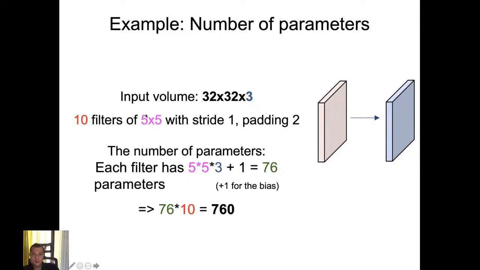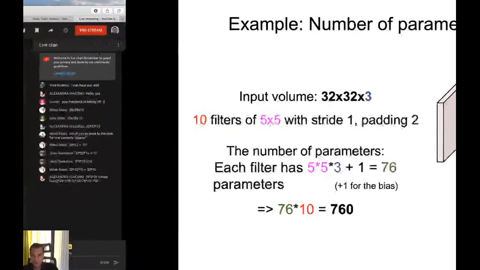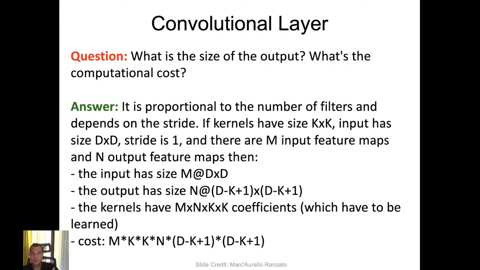So the filters are actually three-dimensional and have 5 by 5 by 3 components. One filter has 75 weights plus the bias, so 76. Then we have 10 of these filters, so the total number of parameters is 760. So yeah, a good answer again from Alexandra.